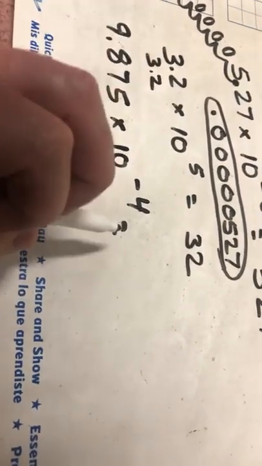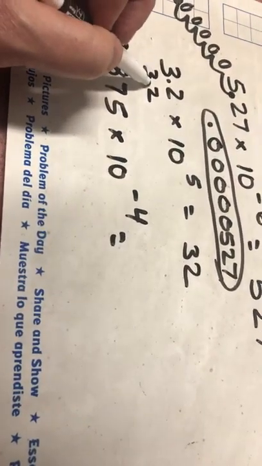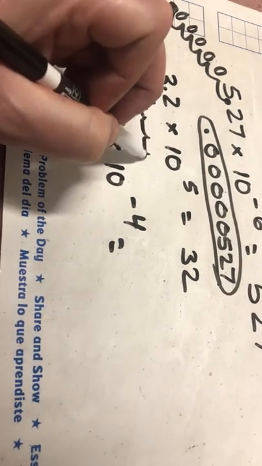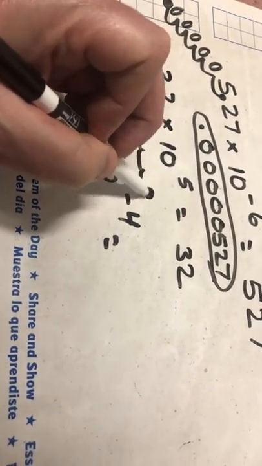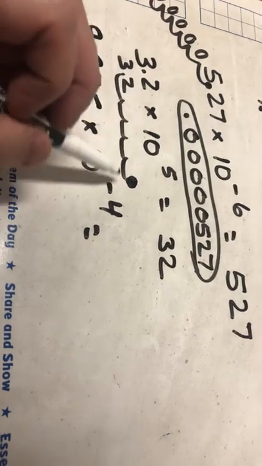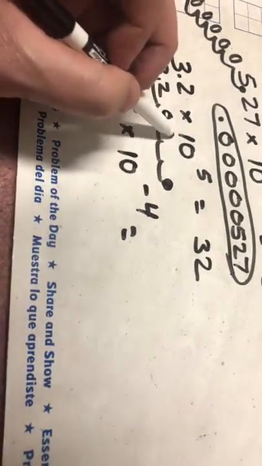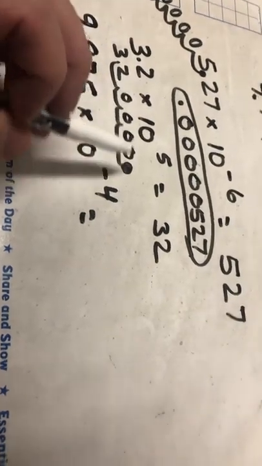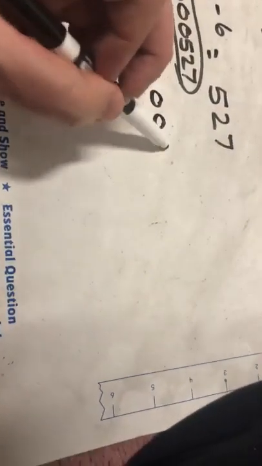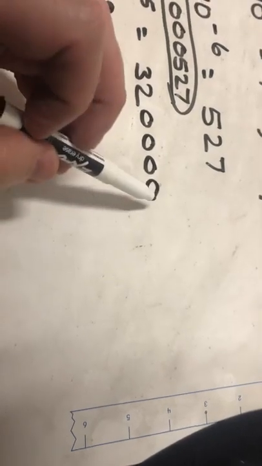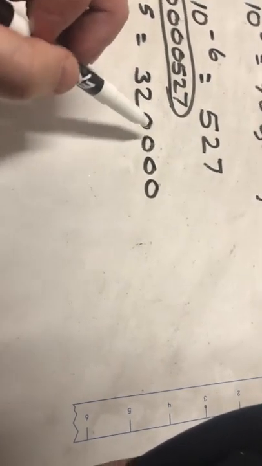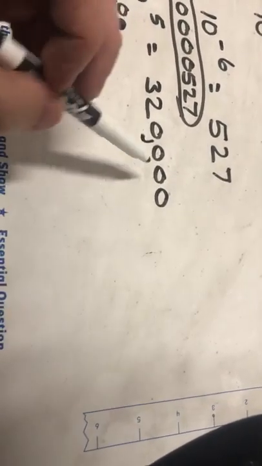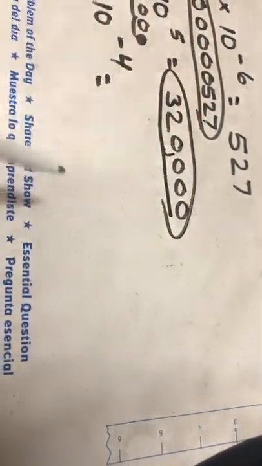So if I want to rewrite the 3.2, I'm going to go 1, 2, 3, 4, 5. My decimal is now going to be there. I now have all these empty spaces that I'm going to fill in with zeros. So I end up with 32 plus 4 zeros. I put those 4 zeros in there, count backwards, 1, 2, 3, put my comma in there, and I end up with 320,000.